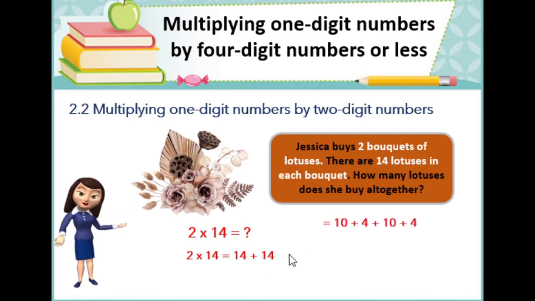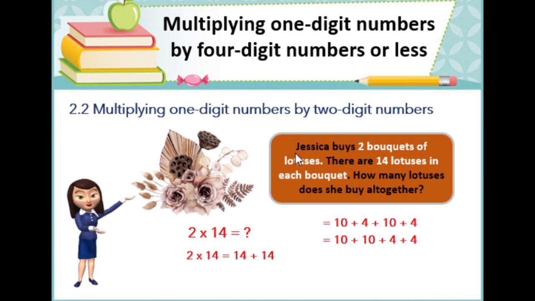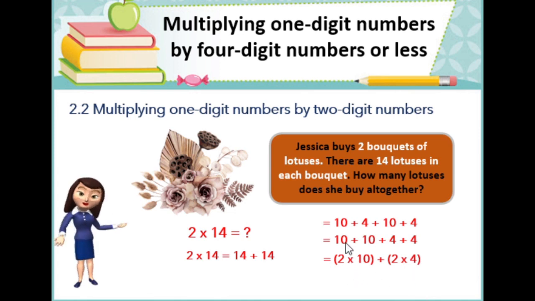Then, we do expanded form. 14 can be expanded into 10 plus 4 plus 10 plus 4. Put together the same numbers, that is 10 plus 10 plus 4 plus 4. And then, in multiplication, it's 2 times 10 plus 2 times 4 because there are 2 groups of 10 and there are 2 groups of 4.